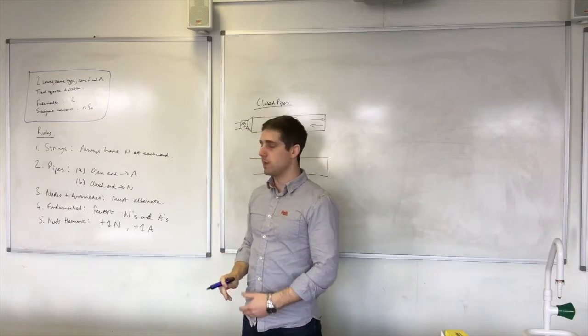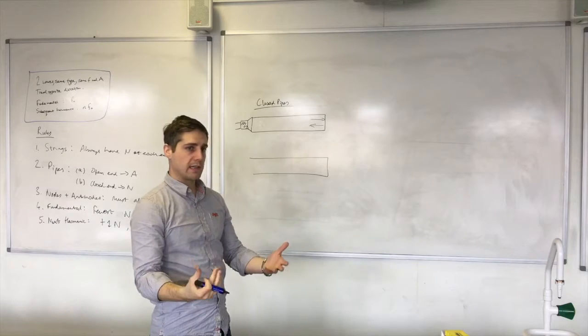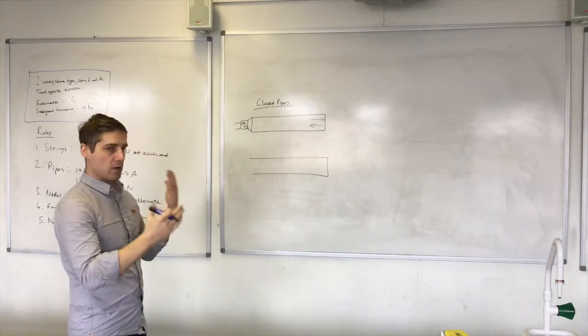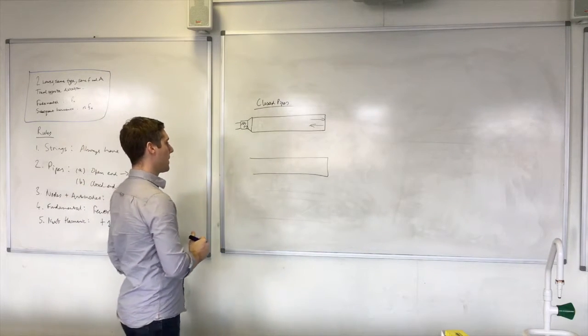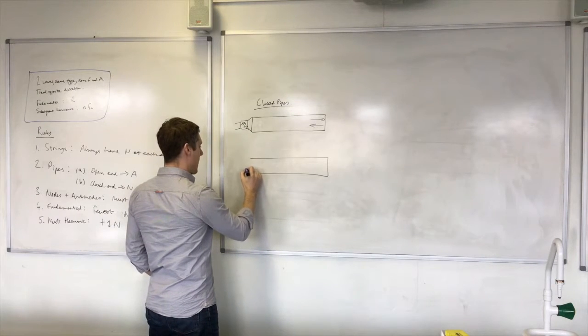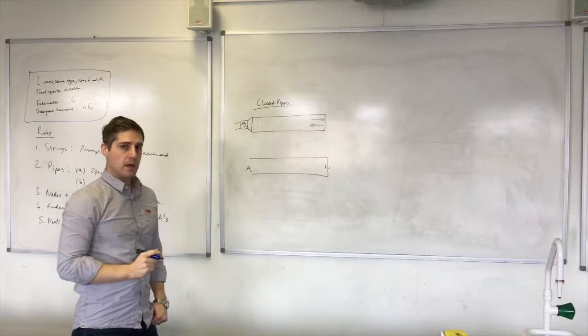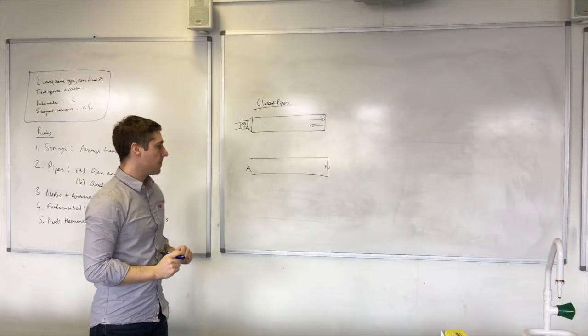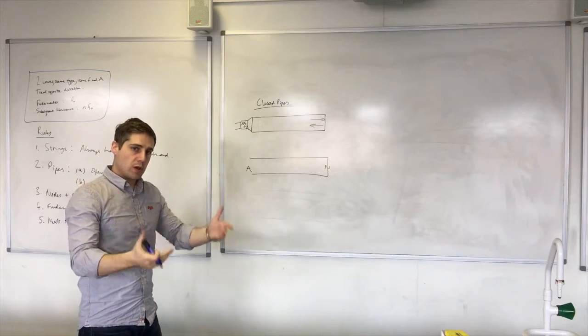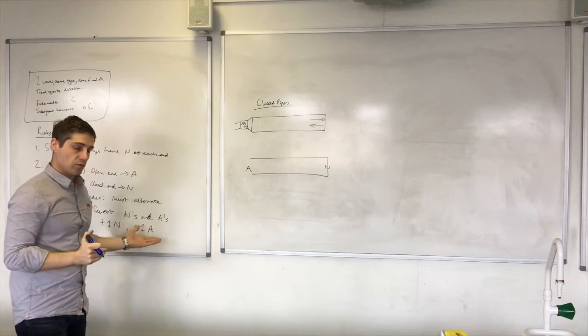And then for the fundamental, I need to have the fewest number of nodes and antinodes that satisfy that and the alternating rule for nodes and antinodes. So I know I'm going to have an antinode here and a node there. Open end, closed end. So do I need any more nodes and antinodes to satisfy these rules?